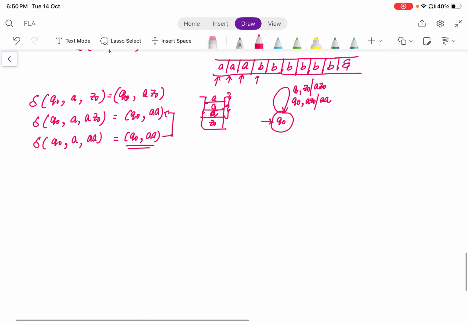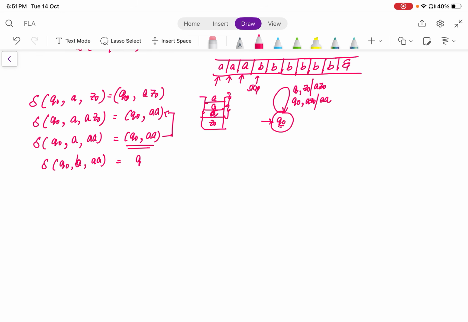As per the logic, you skip or read the first b, right? Skip or read. If you are skipping or reading something, the state of the stack will remain the same. However, you have to change the state. So see, Q0, comma a, input is b, stack state is a, right?